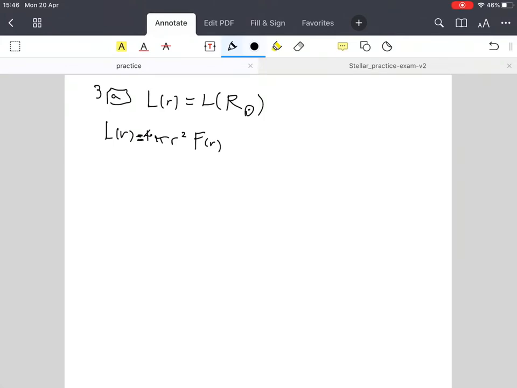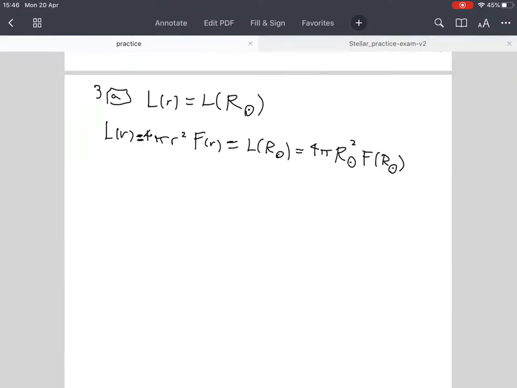And since we said that that has to equal, sorry, this is equal, that's an equal sign there. So this luminosity then is also equal to that at the surface. So then that's equal to 4 pi r squared, where now r is at the surface, and this is the flux at the surface.